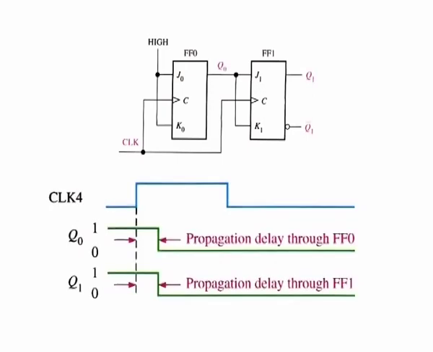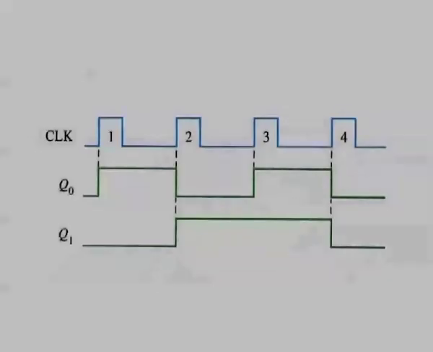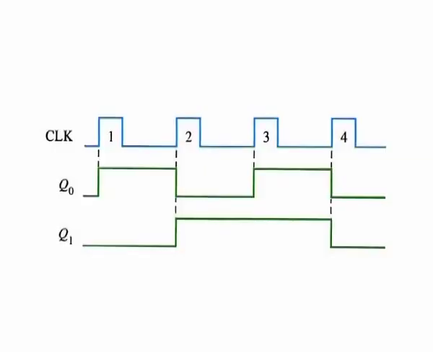Finally, at the leading edge of clock 4, Q0 and Q1 go low because they both have a toggle condition on their J and K inputs. The counter has now recycled to its original state, that is binary 0. The complete timing diagram for the counter is shown in the figure.